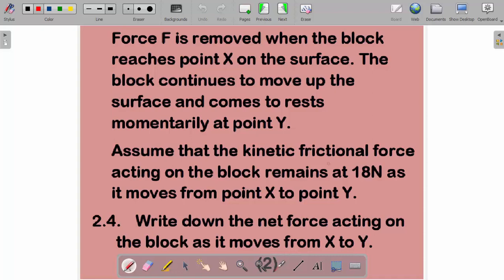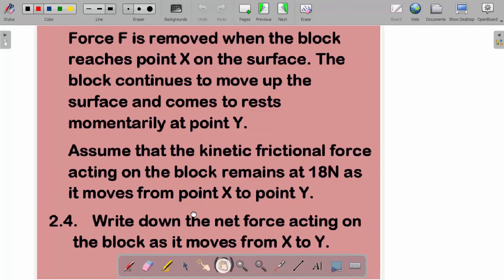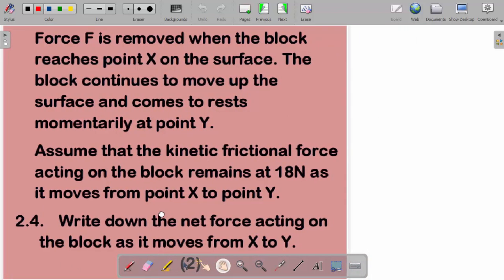Okay, now don't forget that our diagram was like this one here. I'll try to show it here again. We had a force which was pulling this block, and this force was being opposed by frictional force.